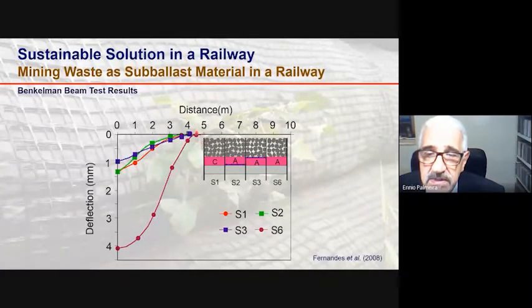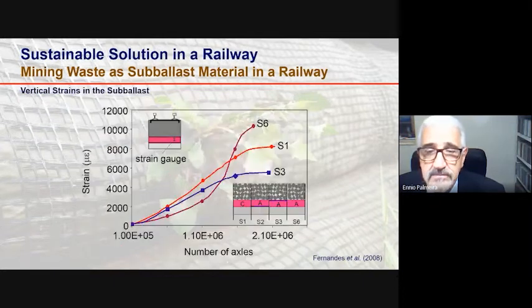This can also be seen with the result for the test S6, where the alternative subballast material was used without reinforcement. In this case, the deflection was much higher than in the case with the geogrid reinforcement.